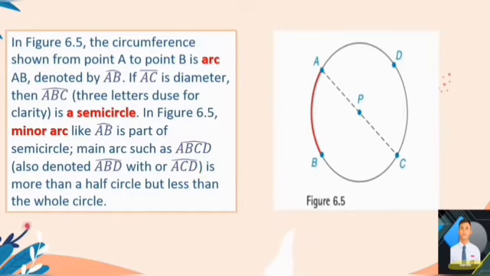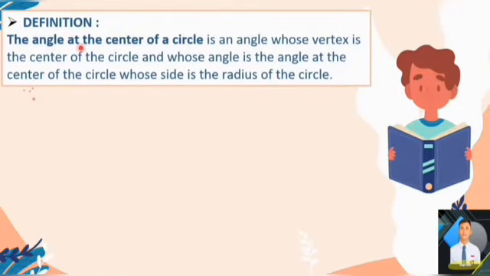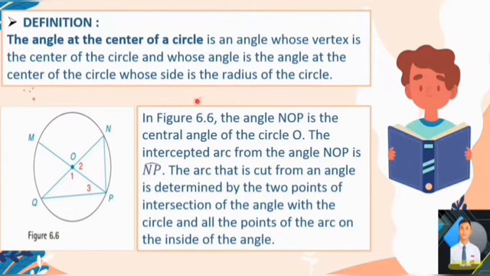Next is the angle at the center of a circle. The angle at the center of a circle is an angle whose vertex is the center of the circle and whose sides are radii of the circle. And you can see in figure 6.6. In figure 6.6, the angle NOP is the central angle of the circle O. The intercepted arc from the angle NOP is NP.